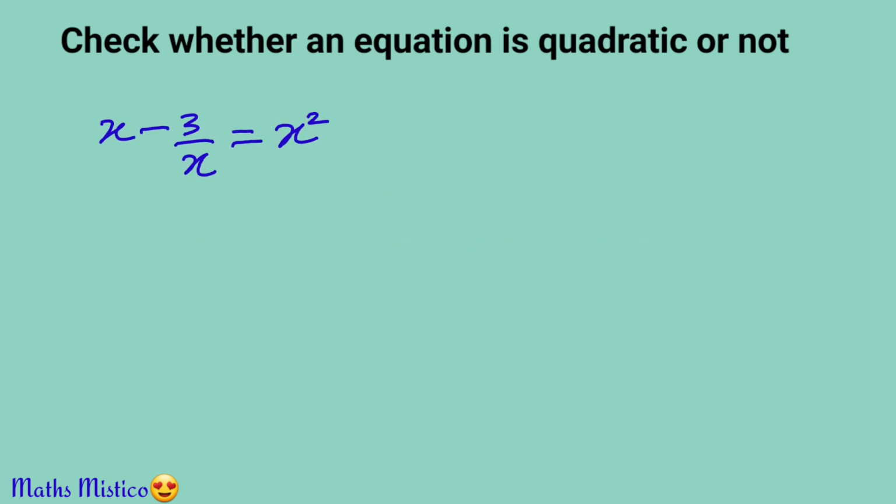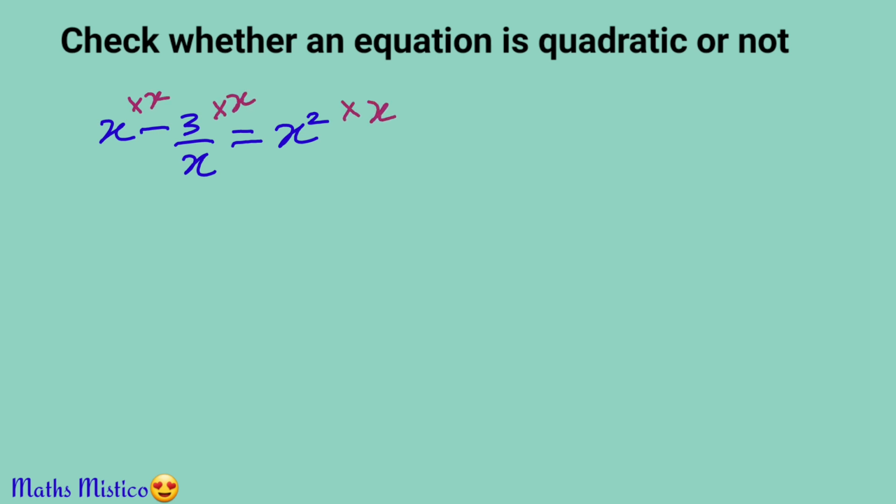Let's try out this. Now in this equation, we have x in the denominator, which should not be there in a polynomial. So to remove it, you may take LCM of the terms on the left hand side. Or let me tell you an easier method. Just multiply each term of the equation with this denominator x.